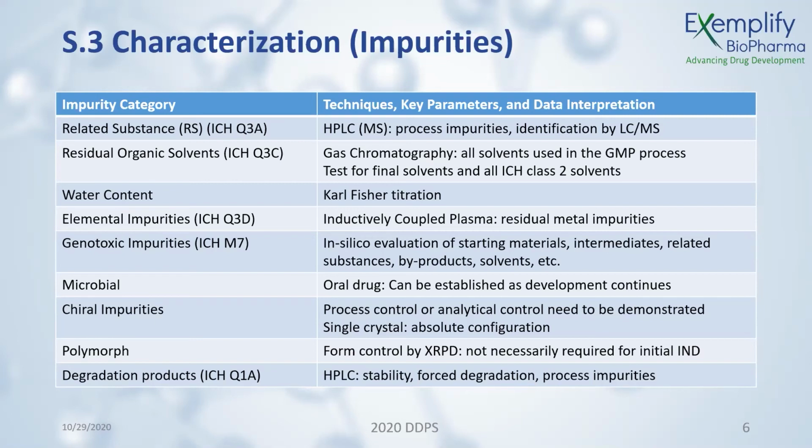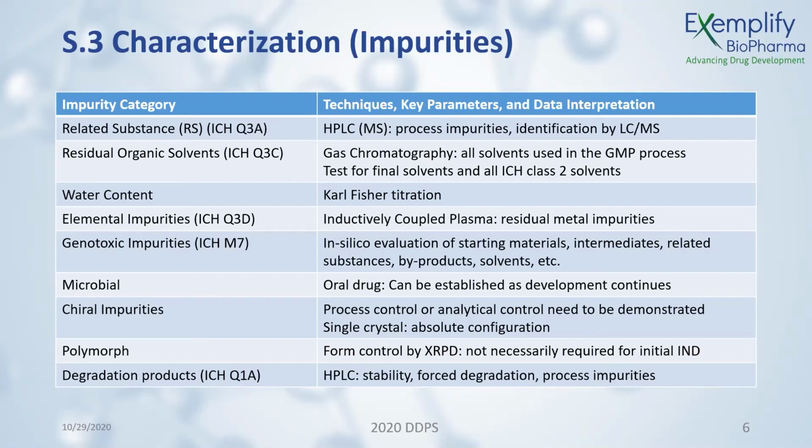Based on the evaluation, you may have to develop analytical testing and test the batch, and the batch needs to be below the limit. But most of the time for early stage, an in silico evaluation is sufficient. For microbial, you need to collect the data, but the data may not be included in the initial IND.